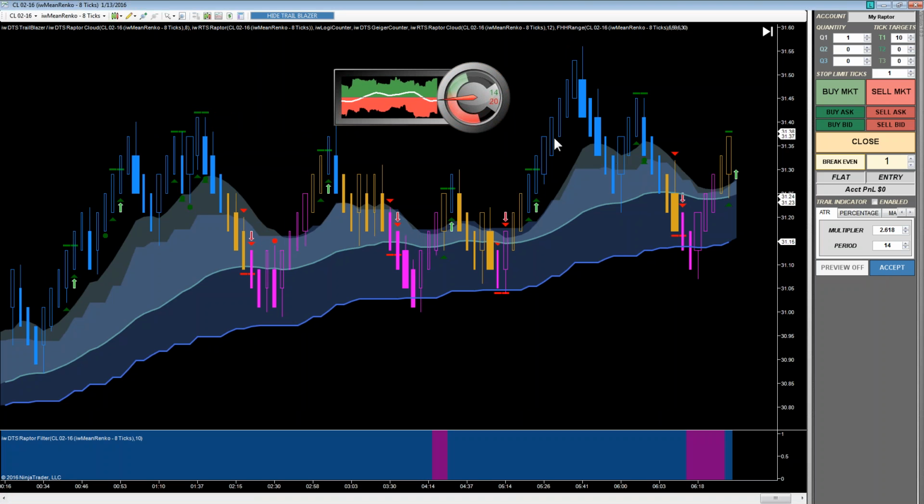If, on the other hand, the dial is pulled over and the needle starts to turn red, it doesn't necessarily mean you won't take the signal, but maybe you'll dial back your exposure. Maybe instead of taking 2 contracts, you'll take 1 contract. Or maybe you'll choose to pass and take a secondary signal. Or maybe you'll run a deeper stop, anticipating that the market, if it fills you, may try to come back against you a little bit, and you need to keep your stop out of harm's way.